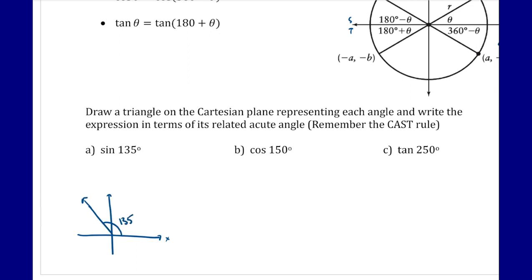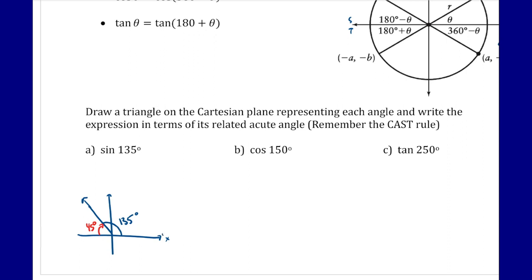So 135 is going to be about here. That's going to be 135 degrees. All right, so that is one possible angle. We want to know its related acute angle. Well, if we take a look at this, the related acute angle would be this 45-degree angle, because all angles, if they form a straight line, need to add up to 180.